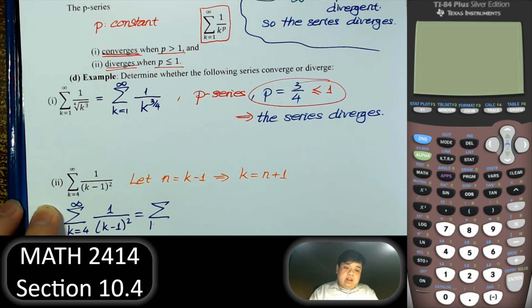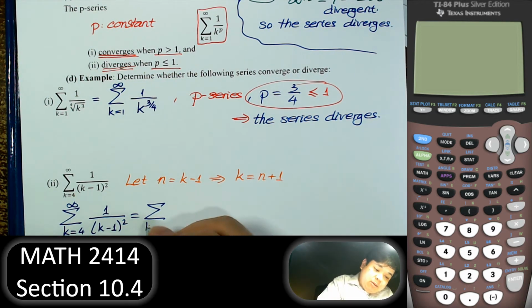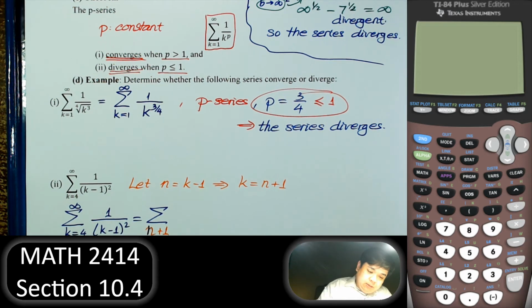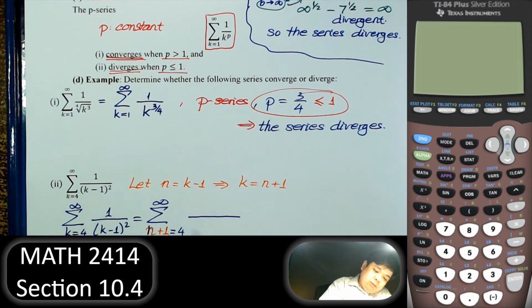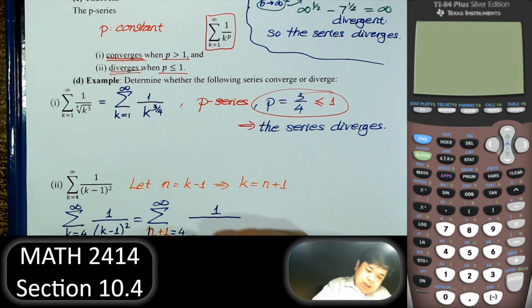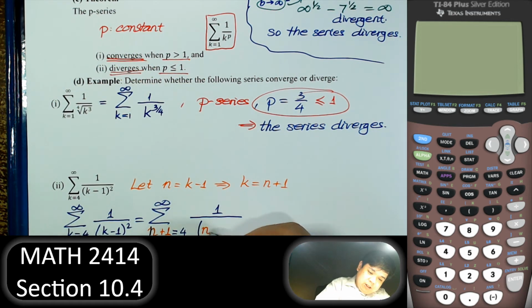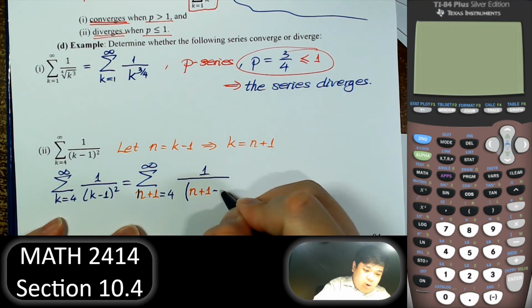Now instead of k, we use n plus 1. K is n plus 1, sorry, and then we have minus 1 squared.